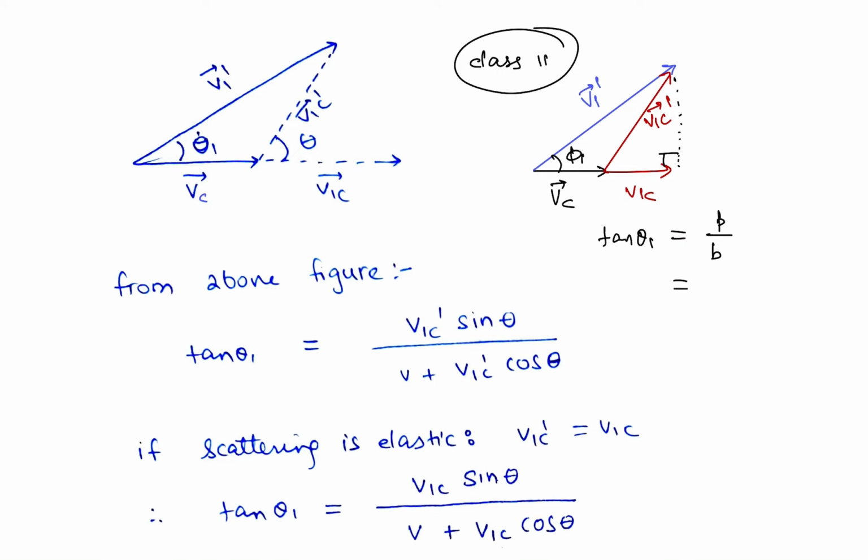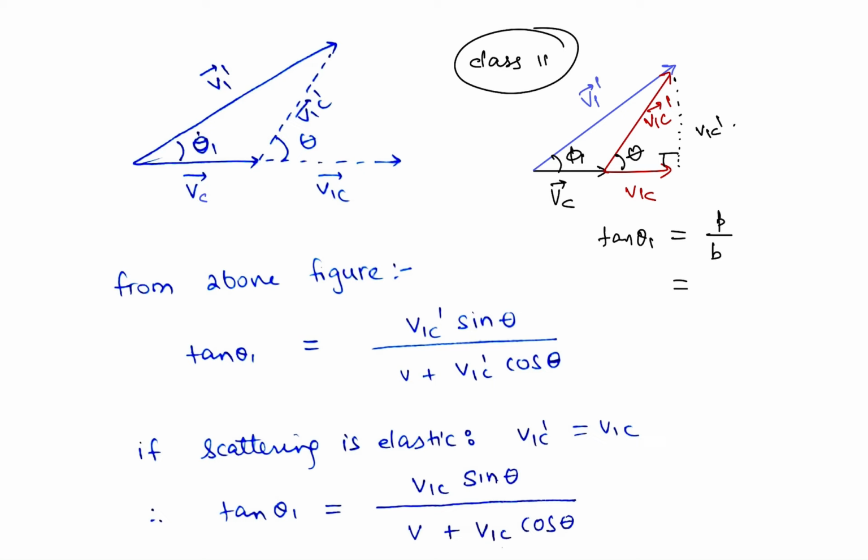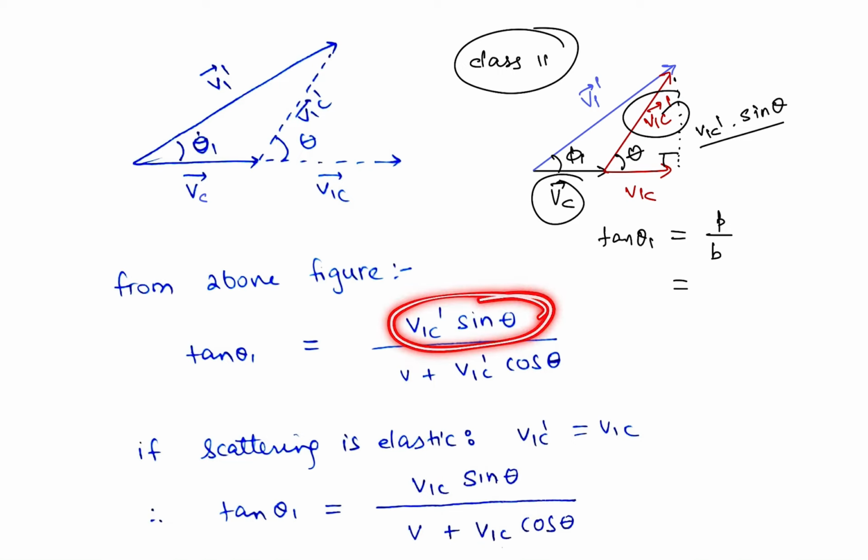The perpendicular is nothing but, if this is capital theta, v1c prime sine theta, and the base would be vc plus v1c prime cos theta. So this is what we have written here: tan theta 1 equals v1c prime sine theta divided by vc plus v1c prime cos theta. Again I forgot to write c here, so let us write c here.